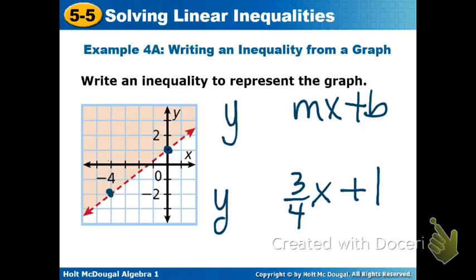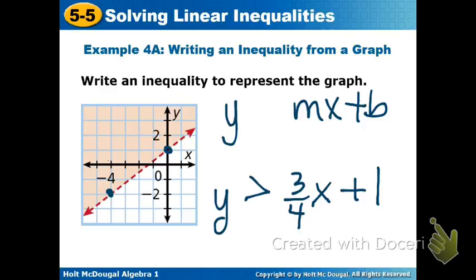So far we're doing pretty good. The only thing we have left now is the symbol. The symbol is based on the type of line that's present and where it's shaded. So the shading tells me what? What part of the line is shaded? The top part of it. So your y has to be greater than the rest of the inequality.